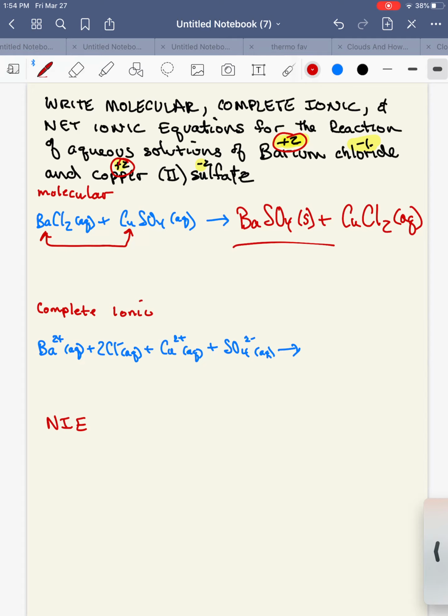The complete ionic, I've already got the left side broken up into the ions. The right side, the barium sulfate, is going to stay together. And the copper-2 ion and the 2 chloride ions are going to be separated. And then for the net ionic, well, it's just going to be whatever it takes to make the barium sulfate.